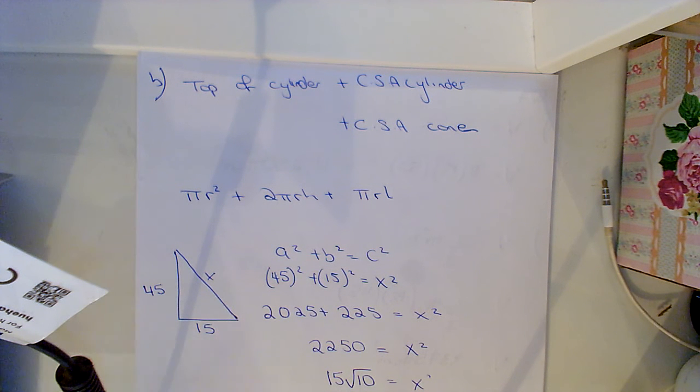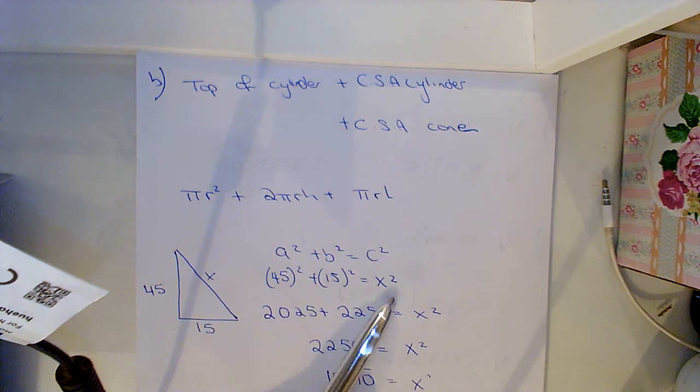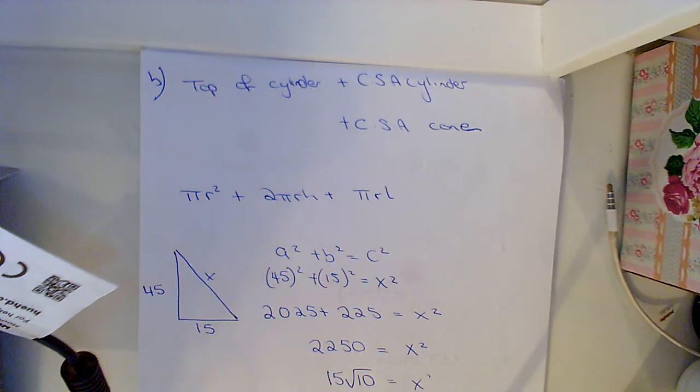My height is 45, my radius is 15, and I'm just working out here, so I have 45 squared plus 15 squared is equal to x squared. I have 2025 plus 225 is equal to x squared. 2250 is equal to x squared. I get x then is equal to 15√10.